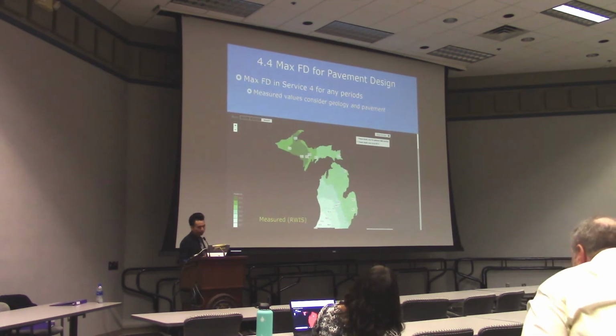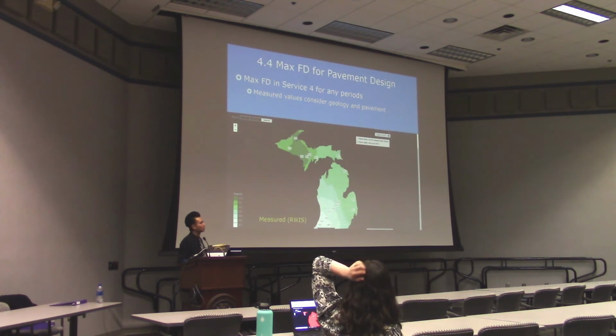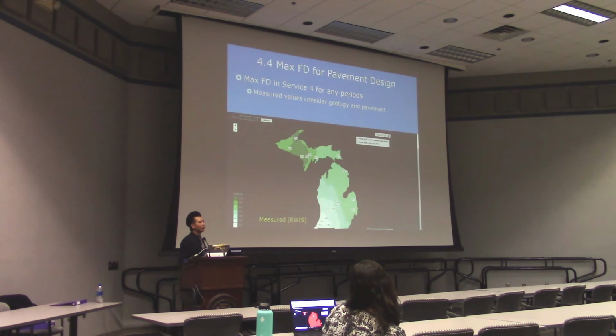And next is the maximum freezing depth in surface for any periods. This one is used for pavement design. Again, the idea is that if we're looking at something like 20 years or 40 years, this would be very valuable. But unfortunately, currently we can only go back to 2012.